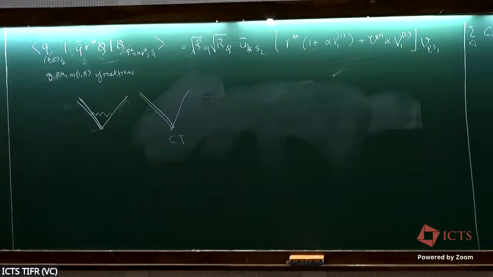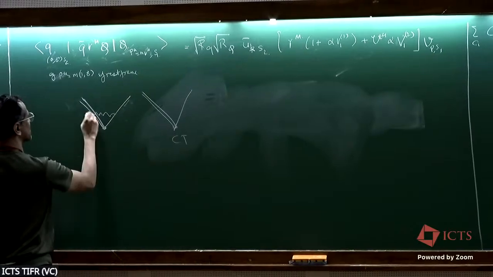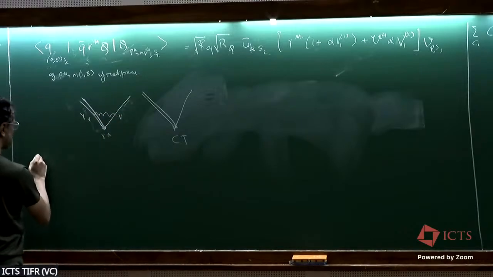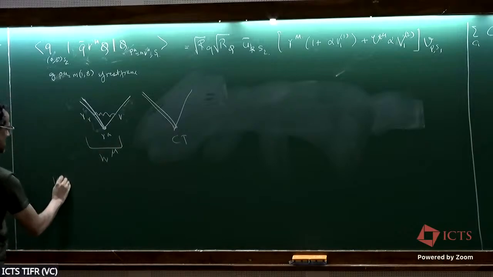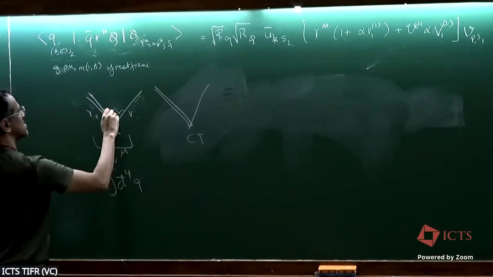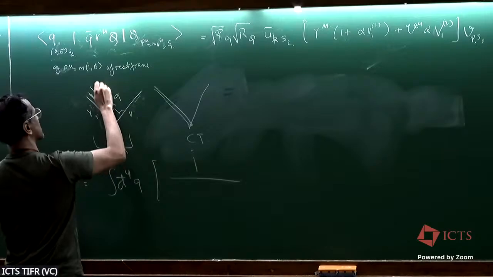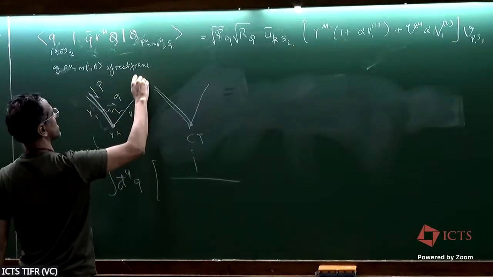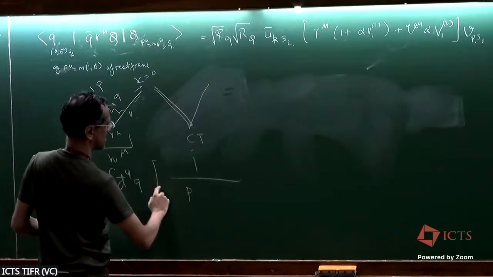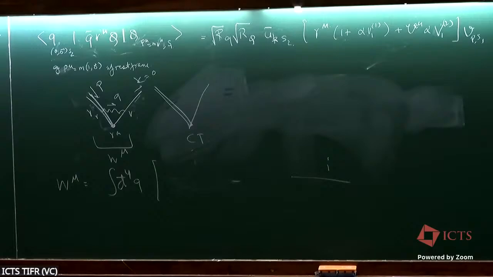This diagram you've made several times: gamma mu at the vertices, and let me call this piece delta.